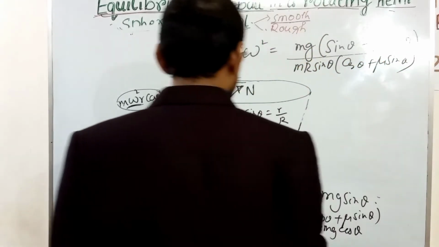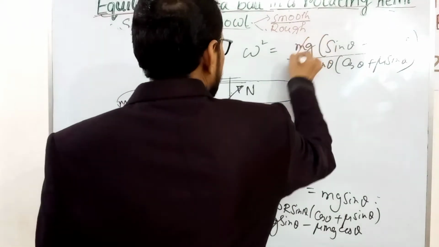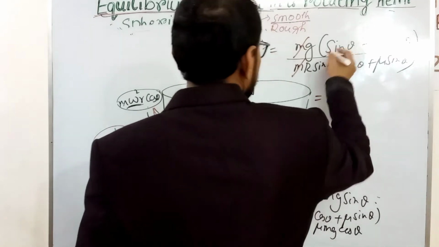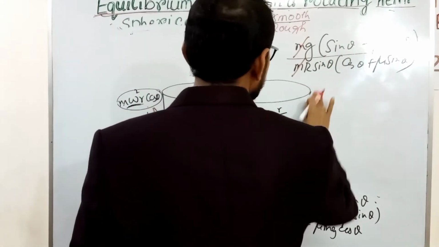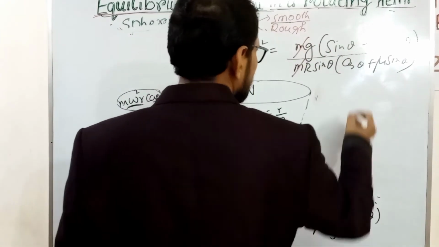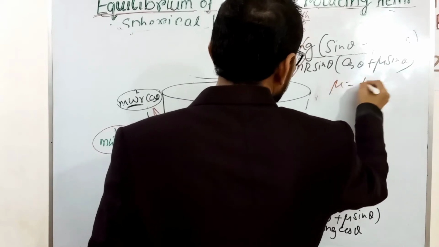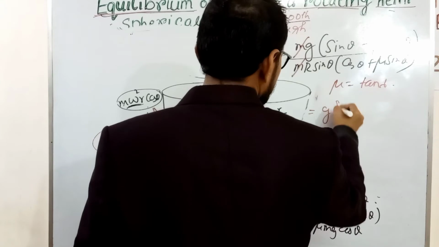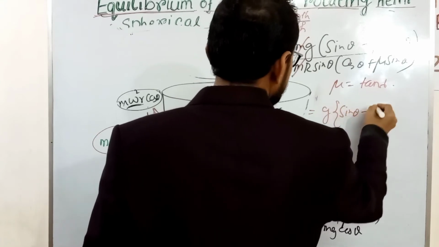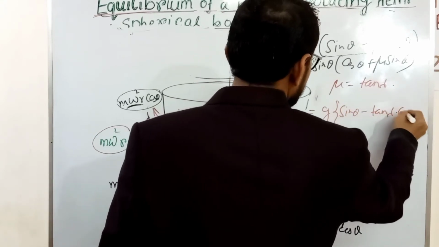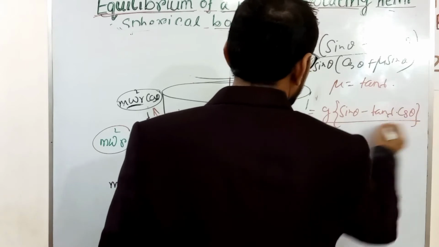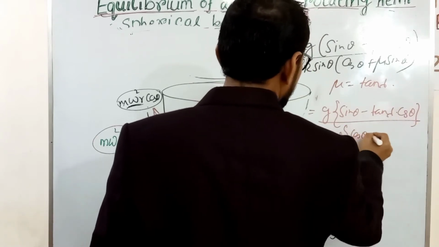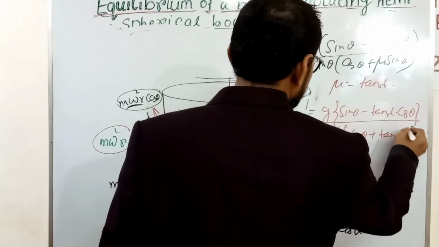Cancel m on both sides, this is the answer, omega equals root over this. Now if we simplify, with mu equal to tan lambda, we get g (sin theta minus tan lambda cos theta) divided by R sin theta (cos theta plus tan lambda sin theta).